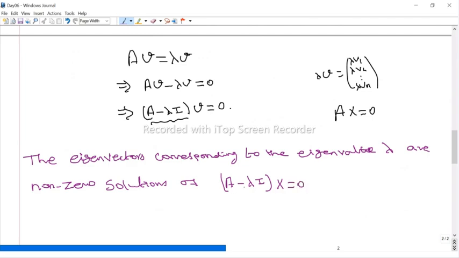If we take all non-zero solutions of the system, that is the eigenvector corresponding to the eigenvalue lambda.